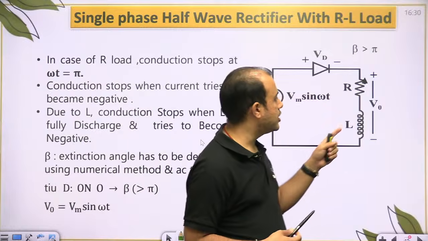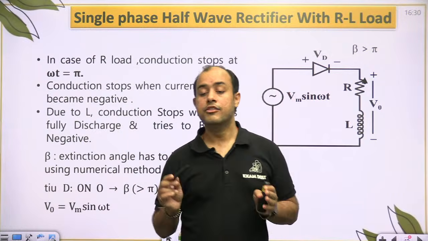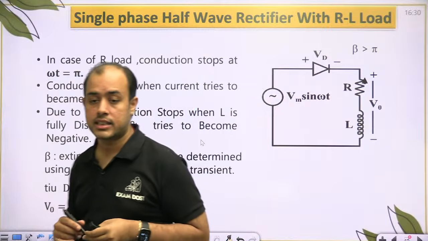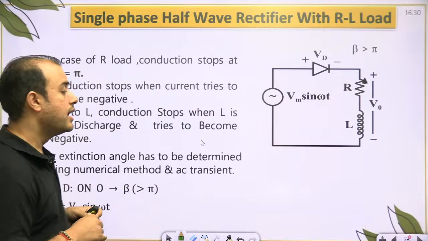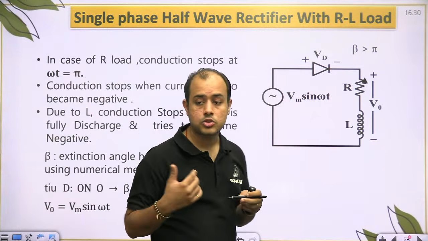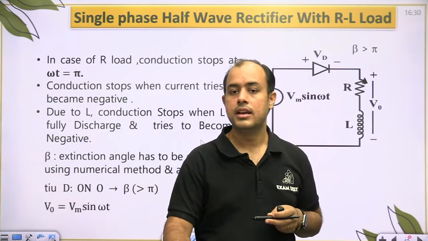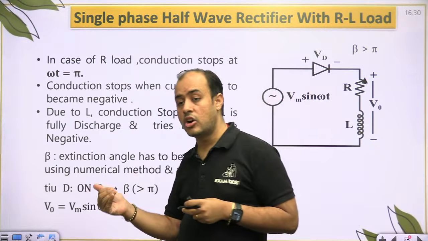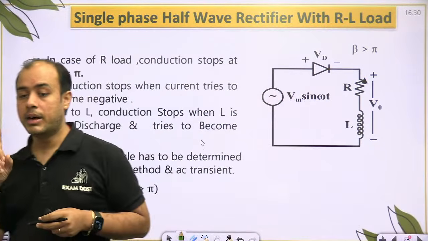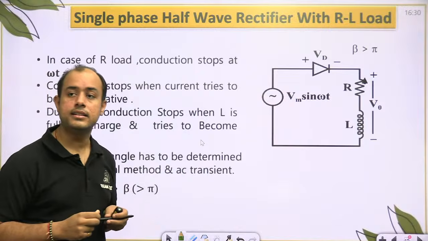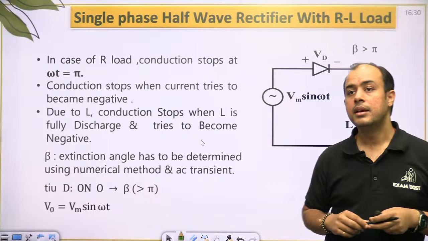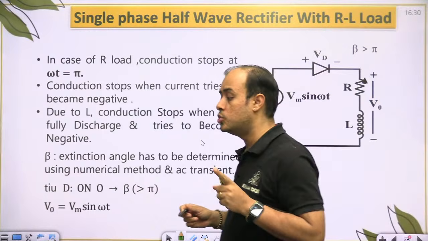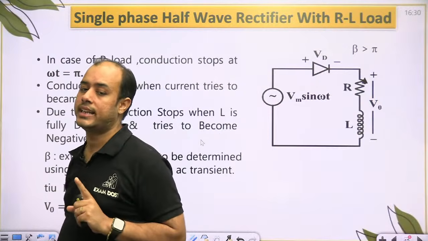Now when you introduce an inductor, what is so special about the inductor? Inductor opposes the change of current, and it has to charge and discharge. Now resistance does not charge and discharge, but inductor does. Because of this requirement, beta, my current and voltage do not stop at pi angle.